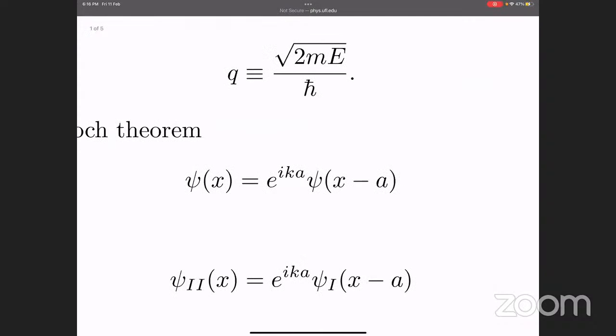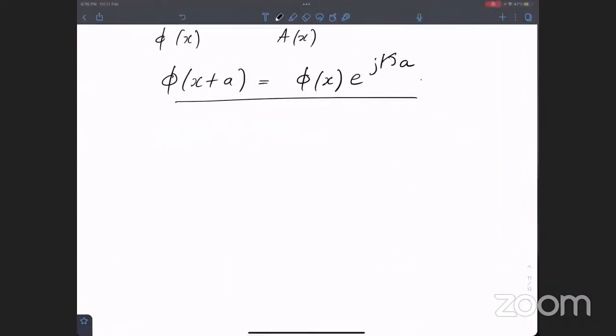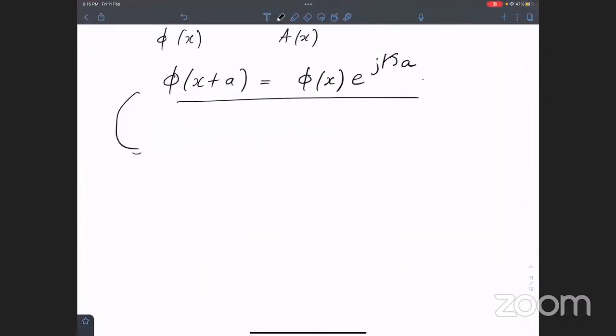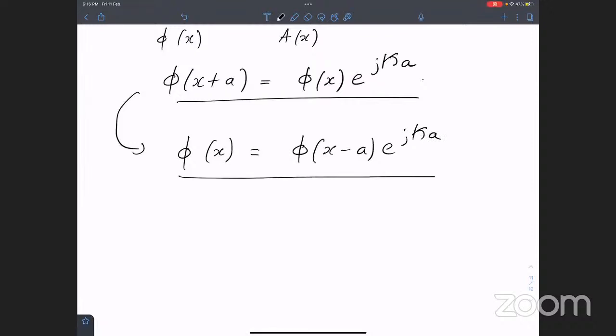The book has written the Bloch theorem in this way, and so we can write this again in this way also. Phi of x must be phi of x minus a into e to the power j k a. So these two statements are equivalent, right? This statement is called the Bloch theorem also.